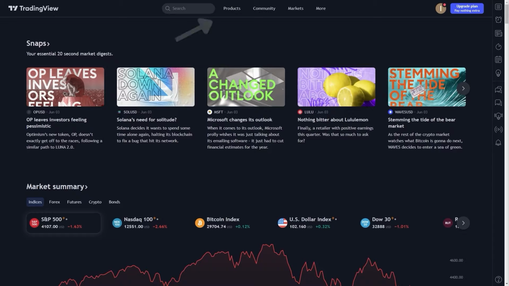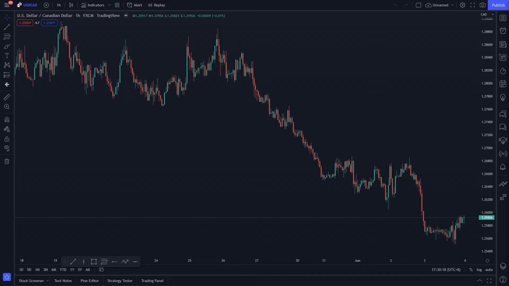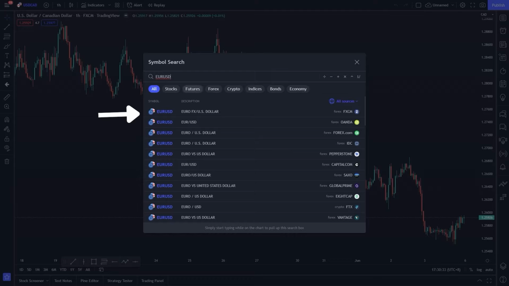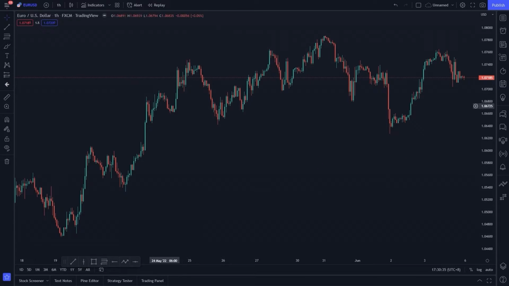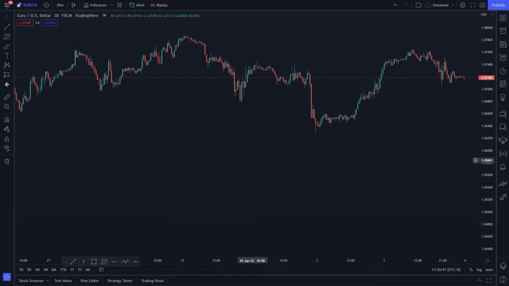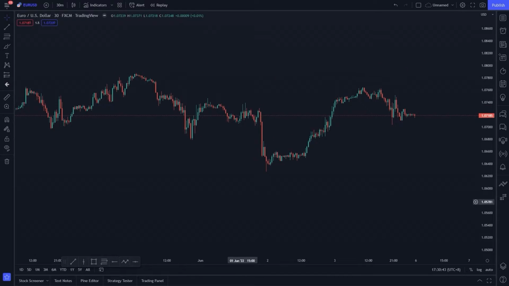Now, go to product and you will see the market chart. Click on it. Choose a currency pair and set the time frame to 30 minutes. Click on Indicator, search for Moving Average Exponential.